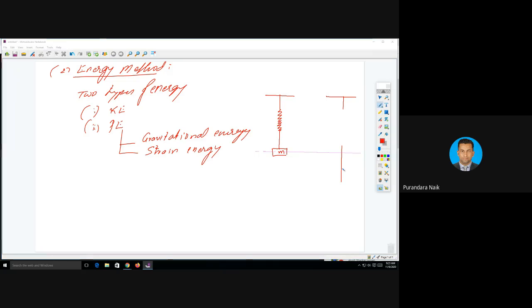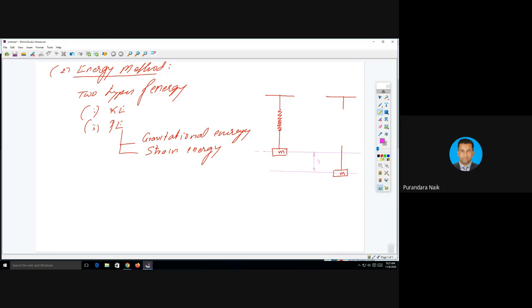And this mass is pulled down with the help of an external force, and the mass is at this position. The distance between the equilibrium position and the new position is called x.